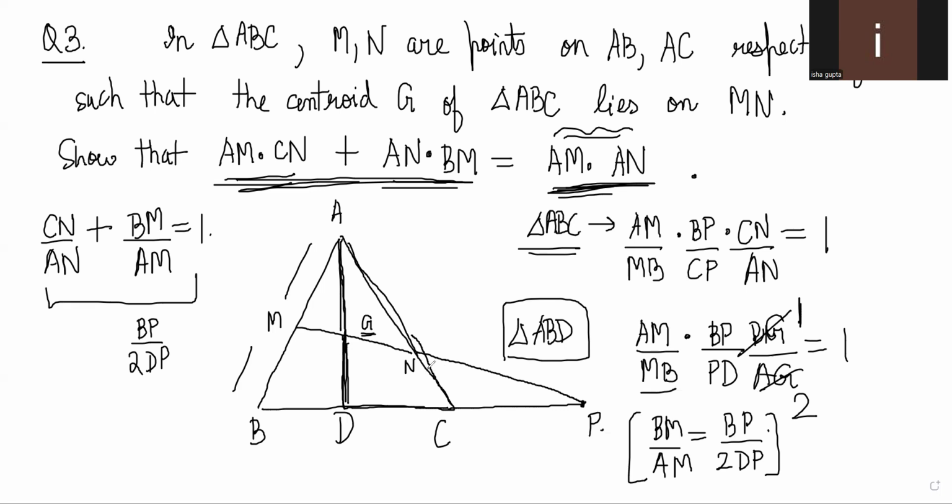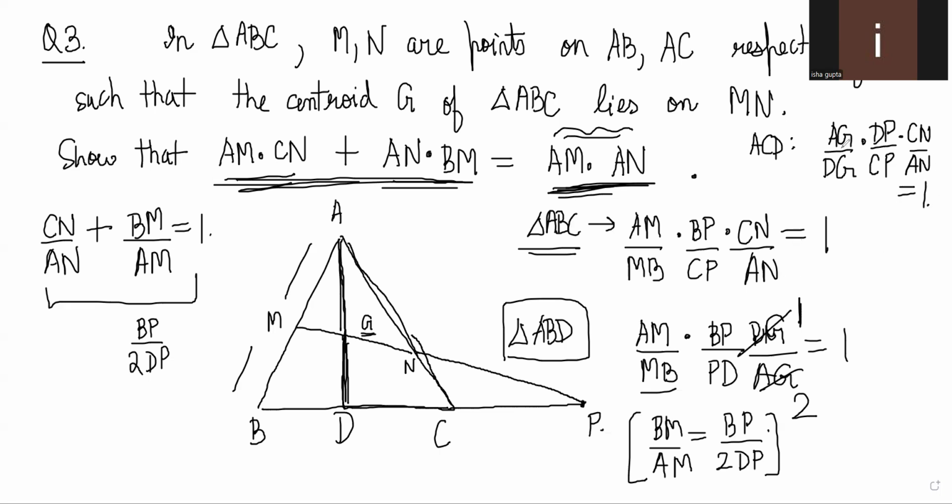Do you realize what is happening? So if I do it on the ACD triangle, I will get the ratio AG by DG multiplied by DP by CP, multiplied by CN by AN is equal to 1, right?